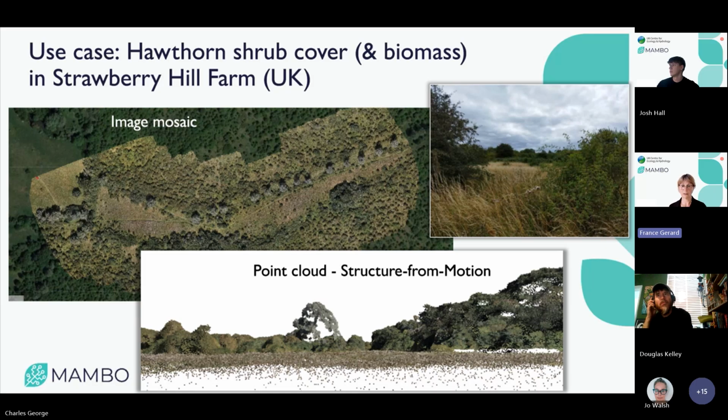It reminds me of a savanna landscape. The main shrubs are hawthorn, but we also have blackthorn, rose, and bramble. When we fly the drone, we can have an image mosaic at the end of the day, and also a 3D point cloud structure derived from structure from motion.